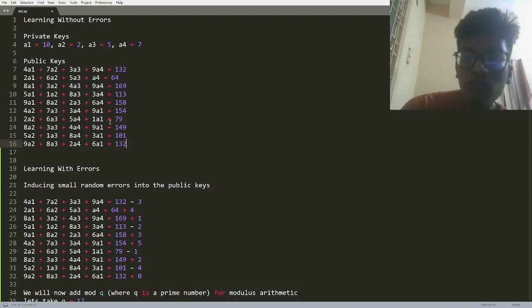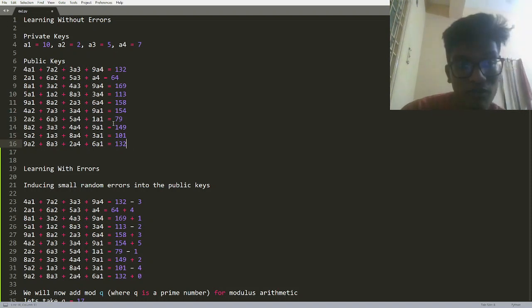Before we look into learning with errors, we will see what is learning without errors. Imagine I only have just this, but the issue is that, as I've said, the goal of our encryption technique should be that the public answers should be very difficult to crack to find the private keys.